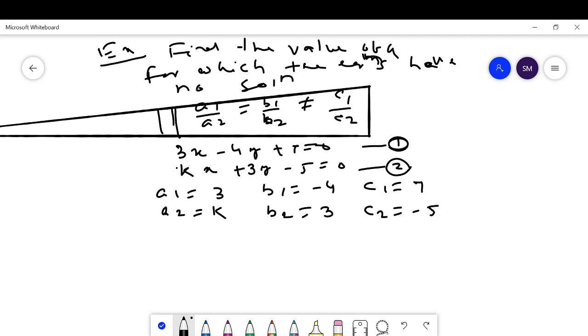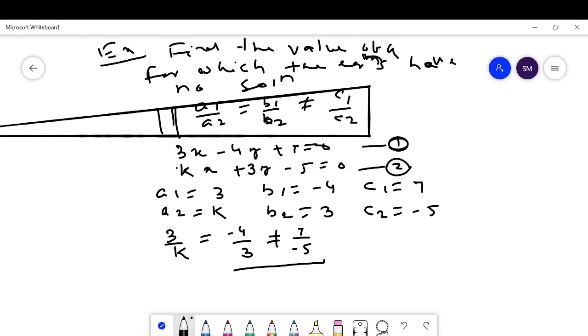Then what is A1 upon A2? A1 upon A2 is 3 by k, which is equal to B1 upon B2, minus 4 by 3, which is not equal to 7 upon minus 5. Here the condition is clear: B1 upon B2 is not equal to C1 upon C2, as minus 4 by 3 is not equal to minus 7 upon 5.